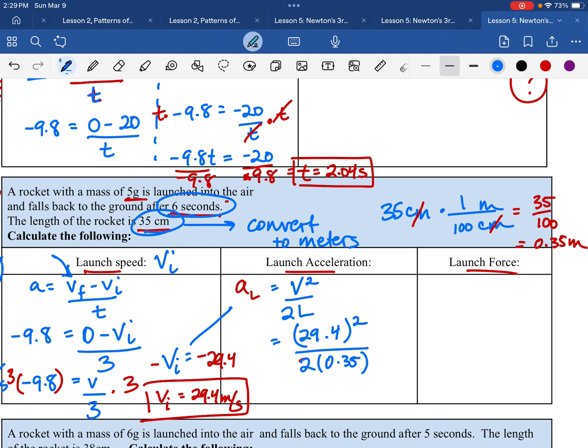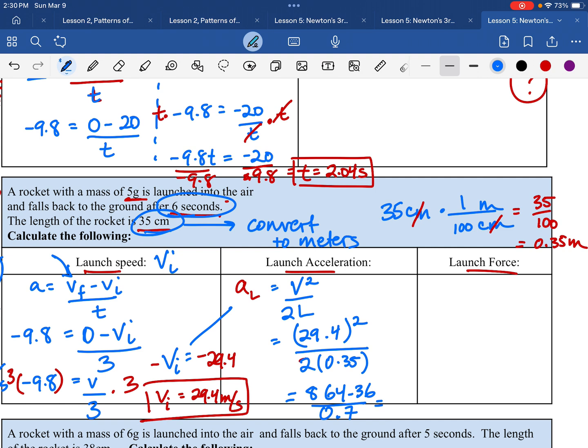And let's see what we get there. We get 864.36 divided by 0.7. I don't have my calculator out. Let me take a second to do that. Hold on. 864.36 divided by 0.7 equals.